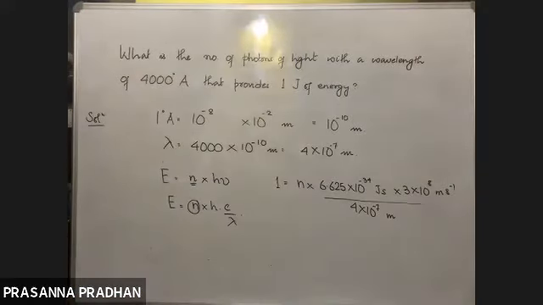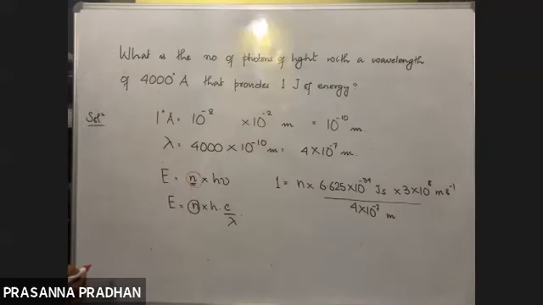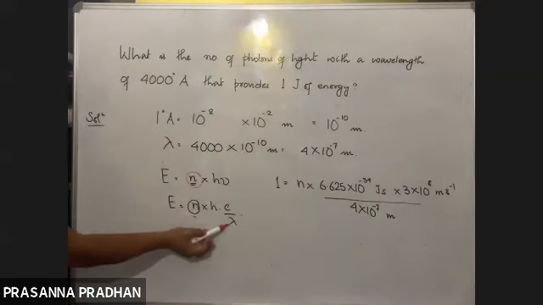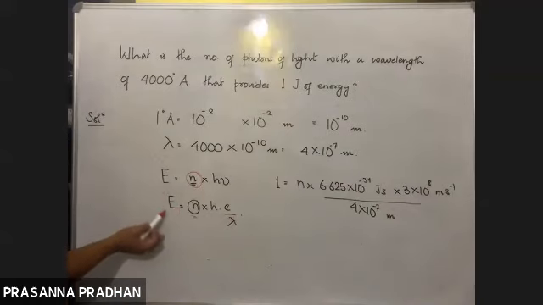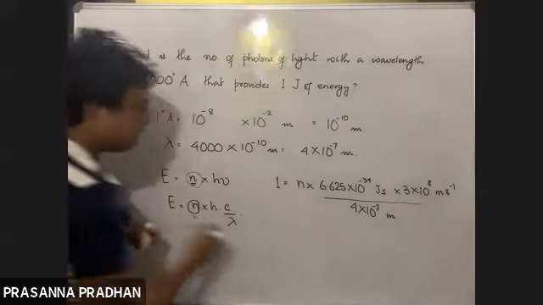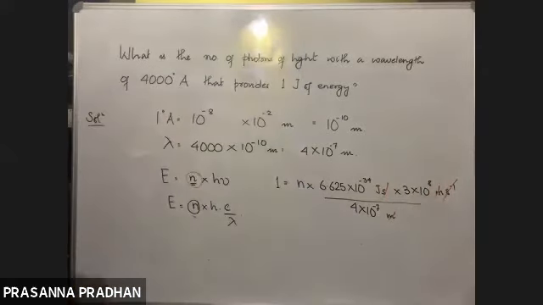So let's find the value of n. I have assumed the number of photons to be n, so n photons having this wavelength impart energy of 1 joule. Let's simplify: meter cancels, and second inverse with second will get cancelled.